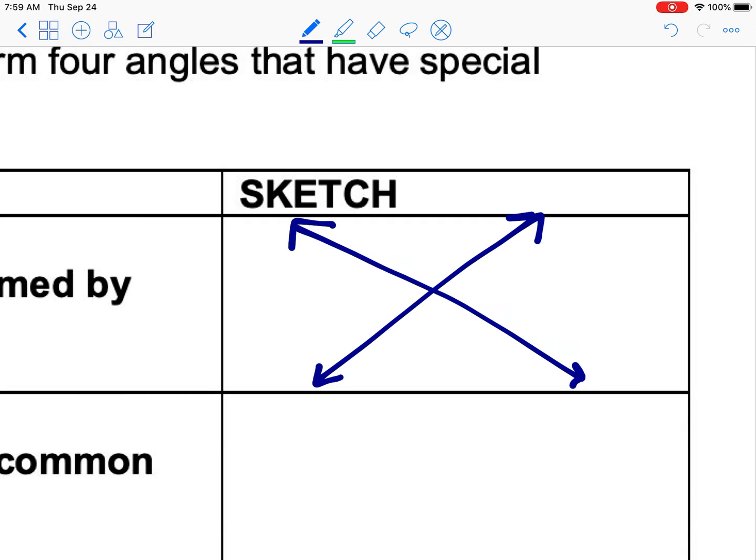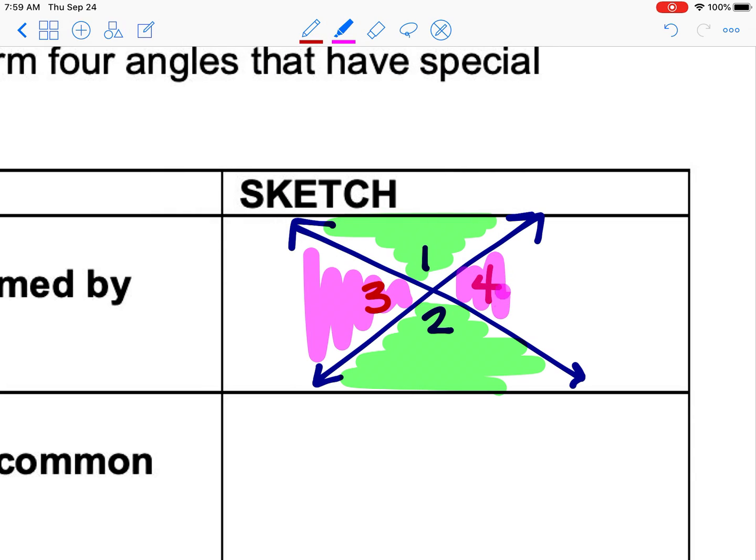Okay. Angle 1 and angle 2 are an example of vertical angles, sorry. If we shade those, you can see that they are non-adjacent. They are across from each other. We also have another pair here with 3 and 4. 3 and 4 are also considered vertical angles because they are non-adjacent.